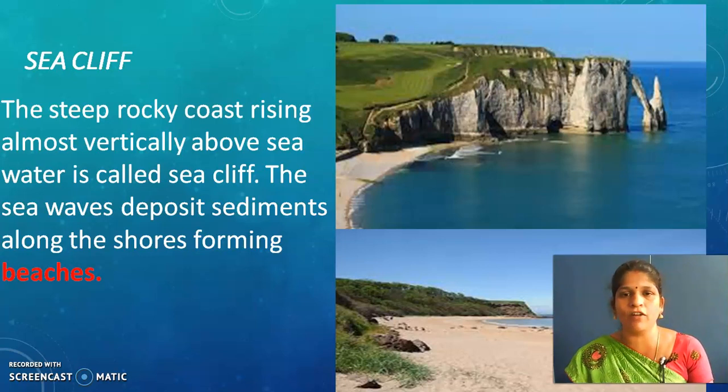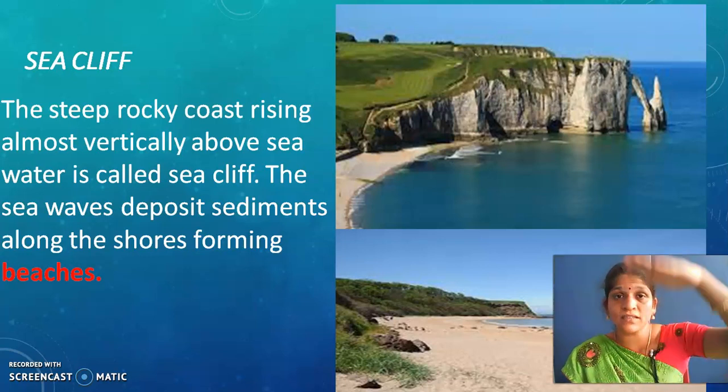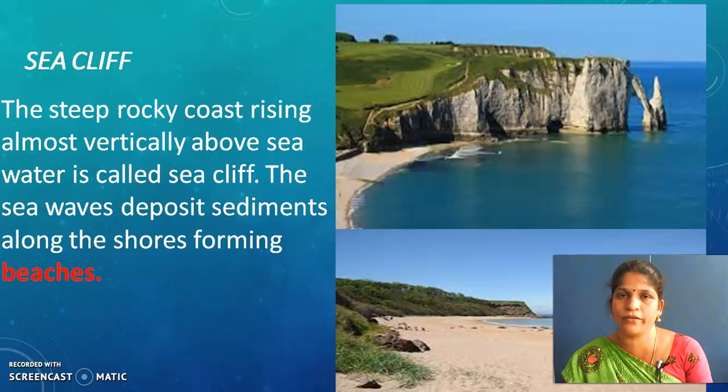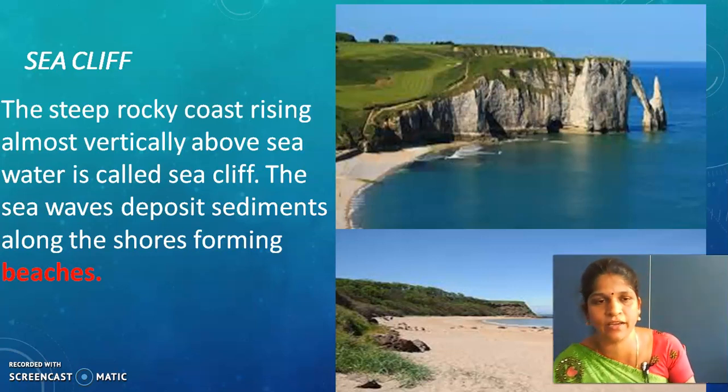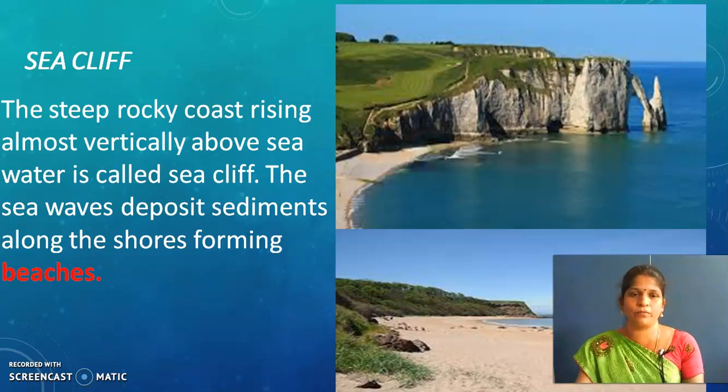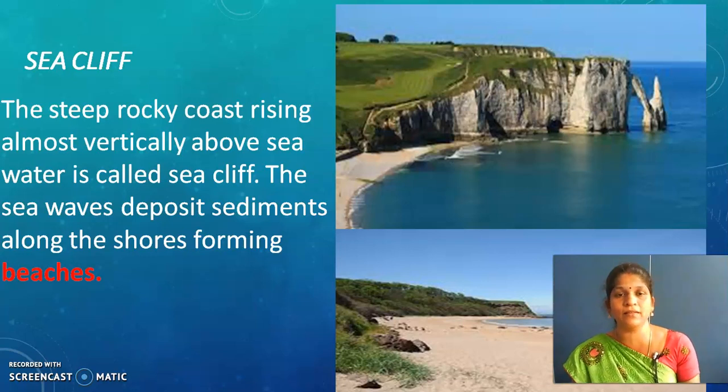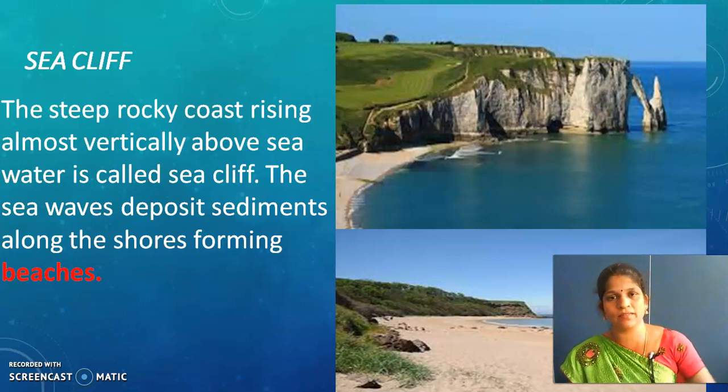So automatically what will happen? It rises vertically. Do you understand, children, what I'm saying? The sea waves bring the sand and other materials and deposit them over the rocks, and automatically the rocks rise in a vertical way.